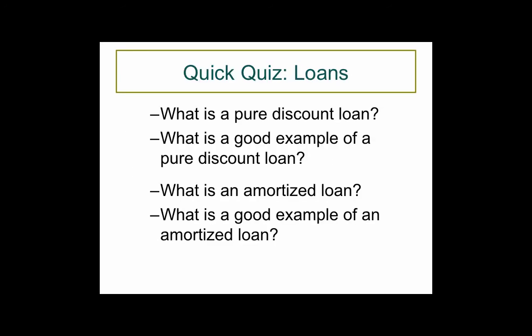So this brings us to a really quick quiz on loans. What is a pure discount loan, which we've already just talked about? That doesn't really pay you any interest payments, but it's going to pay you everything off at the end. What's a good example of a pure discount loan? We've talked about the Treasury bill, but there's also zero coupon bonds.